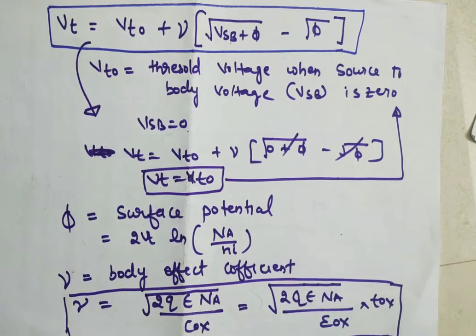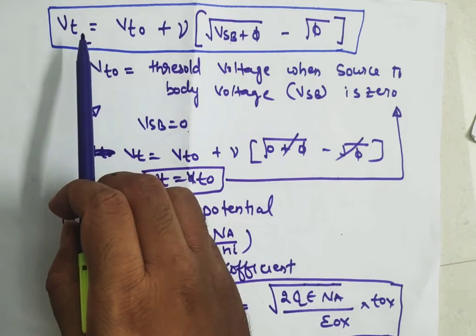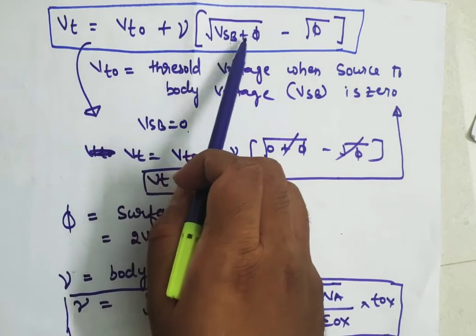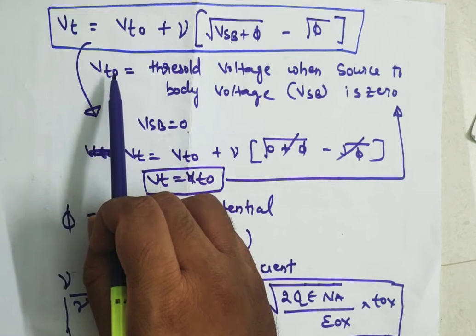This threshold voltage is not constant, and it depends on quite some parameters. So we will see how the threshold voltage is varied. If we see the equation of threshold voltage, Vt is equal to Vt0 plus gamma times (square root of (VSB plus phi) minus square root of phi). So what is Vt0?